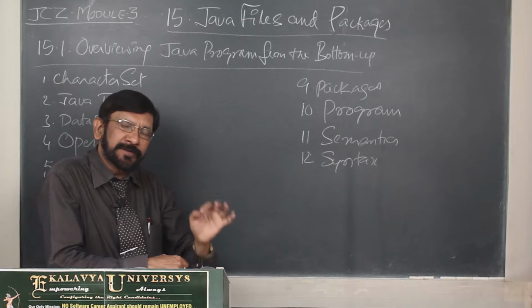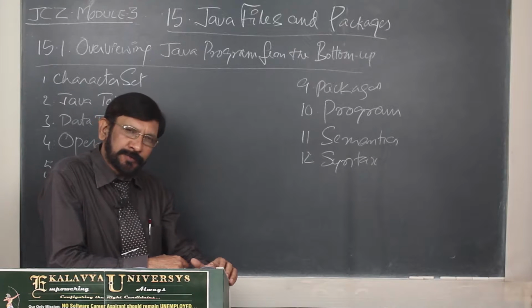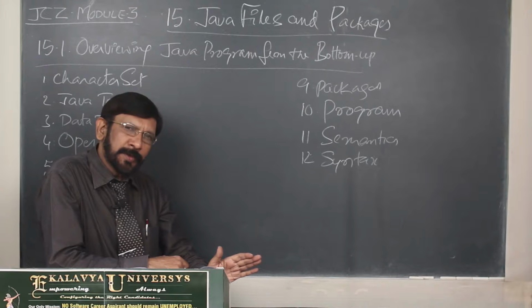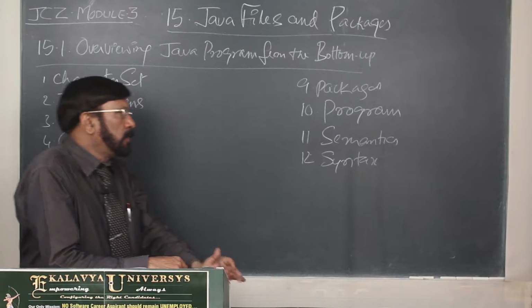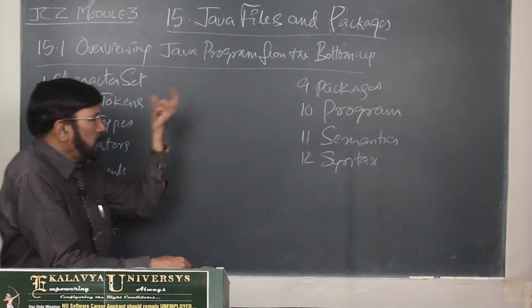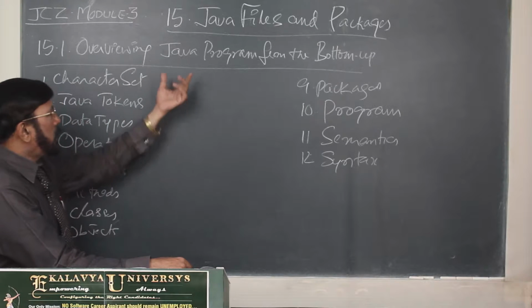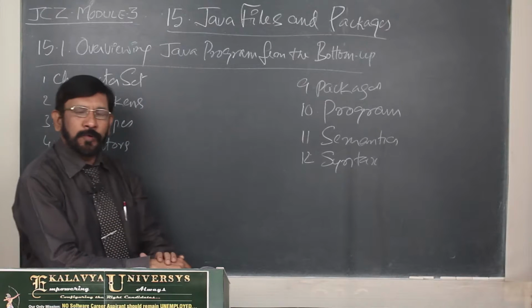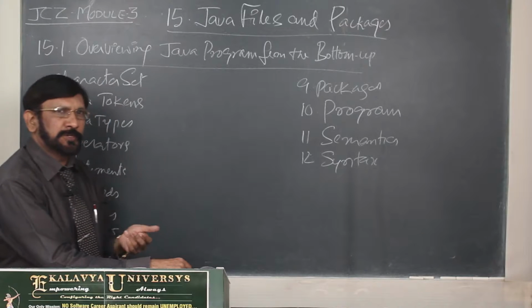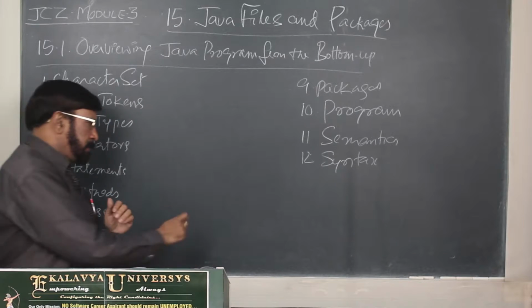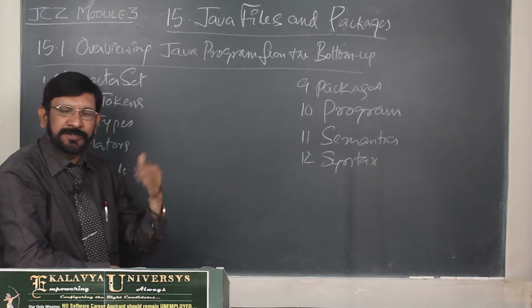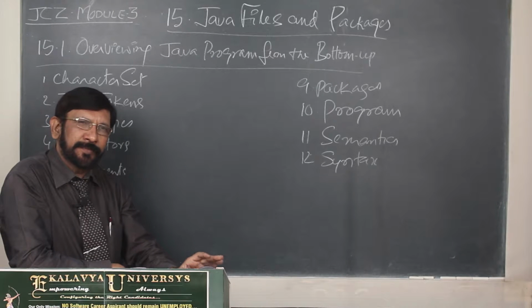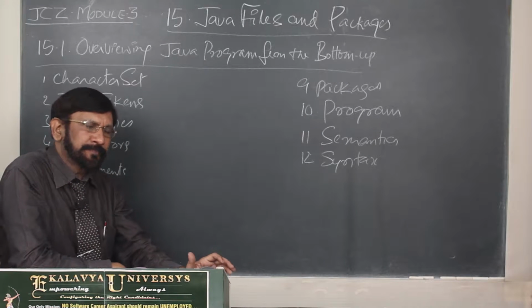This is the right strategy for a student who wants to become a professional. Let us review the Java program in a bottom up approach. That means from bottom to end, how it is structured and what the elements are. For everything, let us have a briefing.